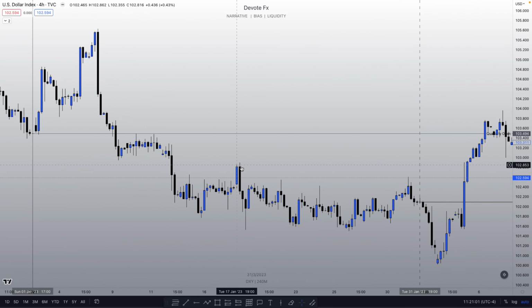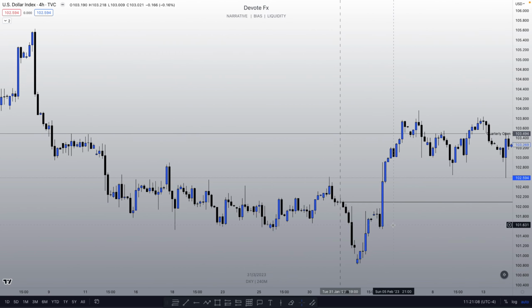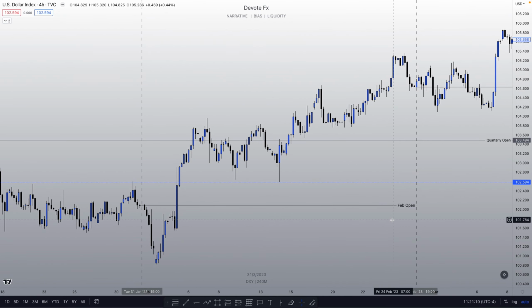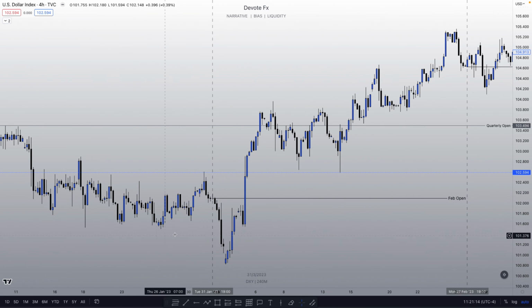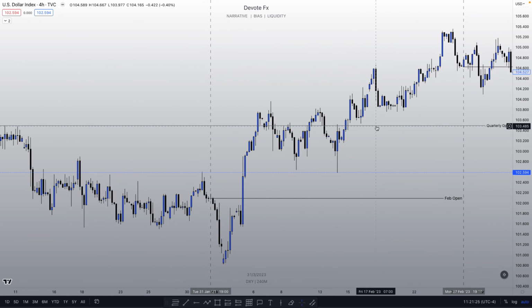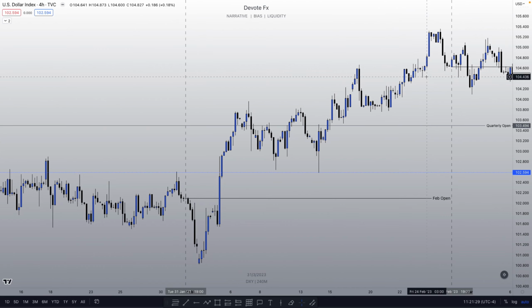We did have this displacement fair value gap, but it really just was chop, and this is just orders being accumulated, and we see that in a more accurate model here. Drops below this long accumulation, displaces higher again, runs into this breaker here, right here, and then we have our continued distribution of longs.